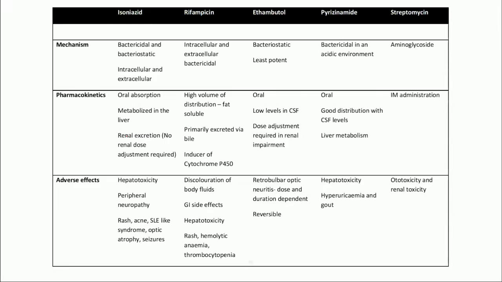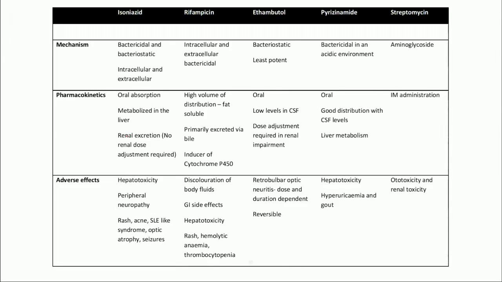Now, if you take isoniazid, which is a very commonly used drug in the intensive phase and the continuation phase of TB treatment, the main problem is hepatotoxicity, and also it can cause a peripheral neuropathy, right? Neuropathy එකක් එන්න පුළුවන්. So you have to give vitamin D supplementation to prevent them from getting the neuropathy.